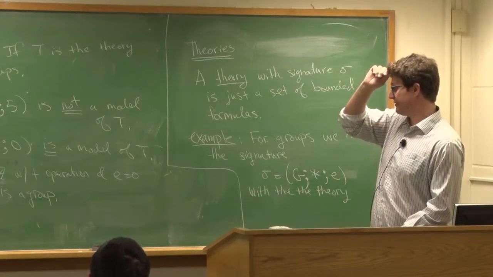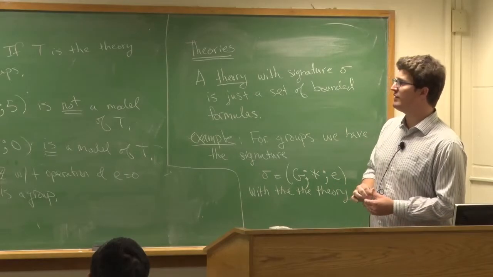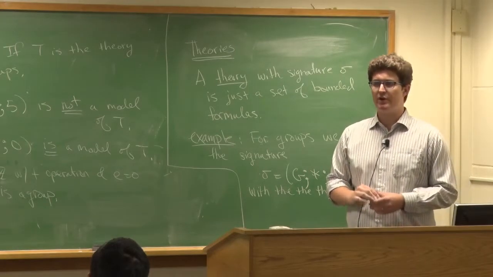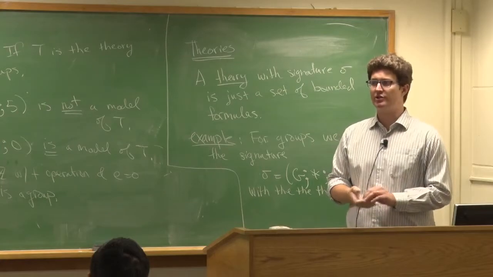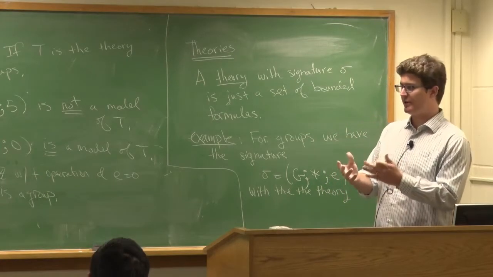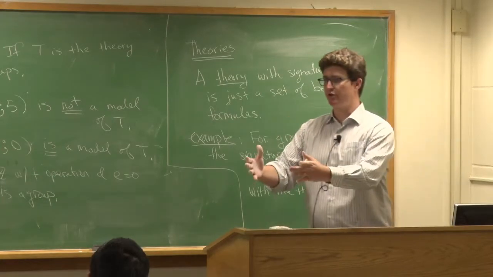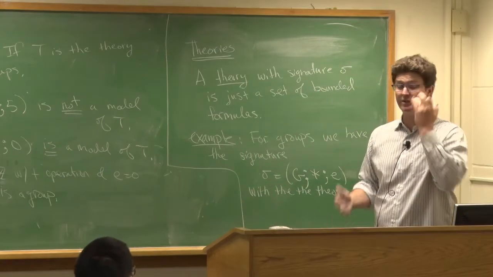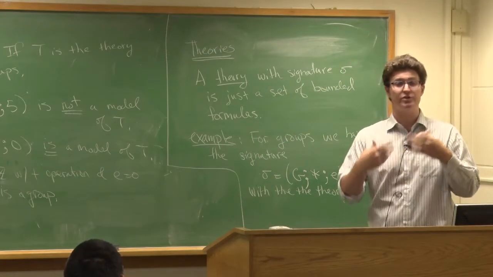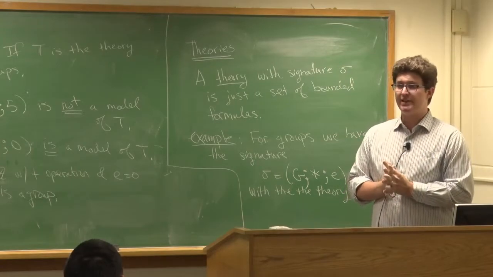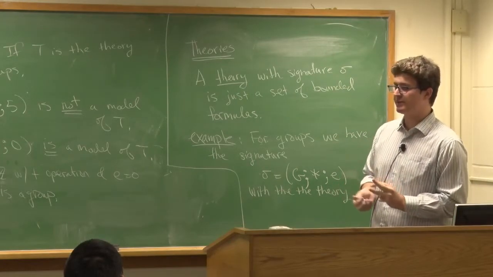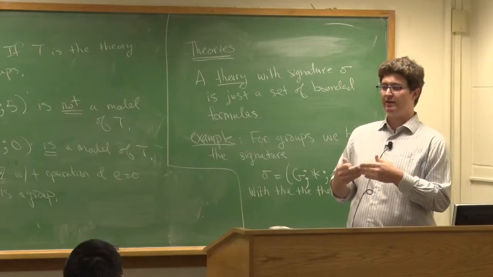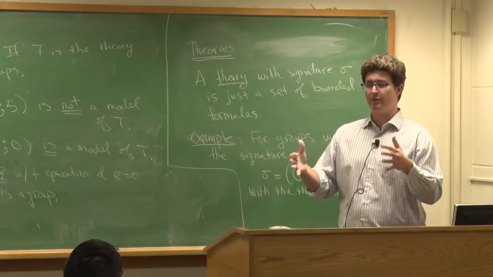All right. So given a signature, we have a notion of a structure. A structure is just a set with some operations which allows us to interpret each of the formulas, and it returns true or false. It doesn't matter that they satisfy some axioms. It just means that we can assign meaning to the formulas.